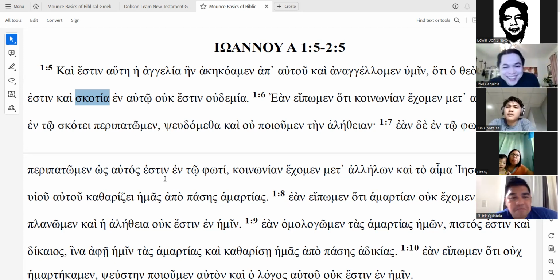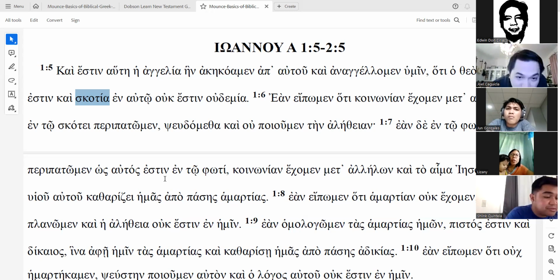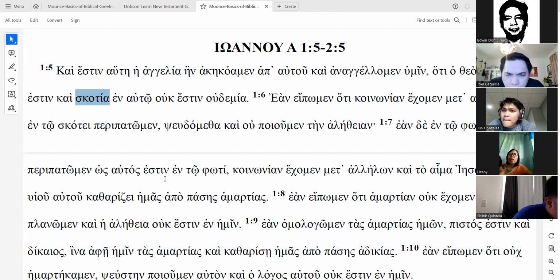Kai ou. Notice after kai is omicron upsilon, so you read it as ou. Kai ou poiomen. So there are vowels: pi and then omicron, iota, omicron, upsilon, four of them. Poiomen. Then aletheian. Okay? So let's read 1 verse 6.